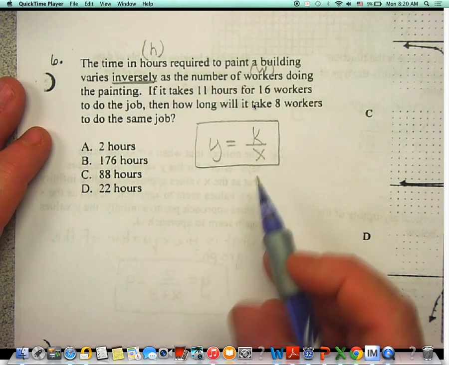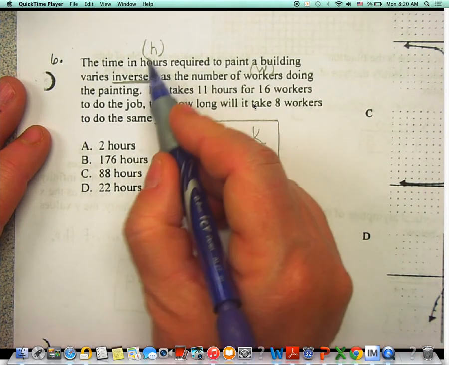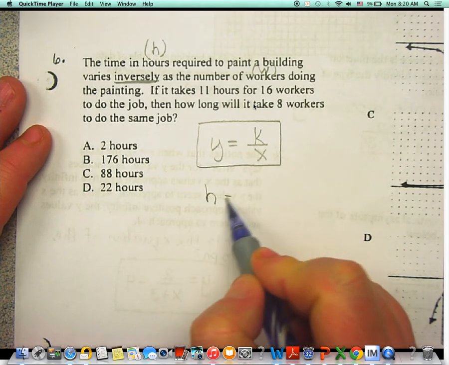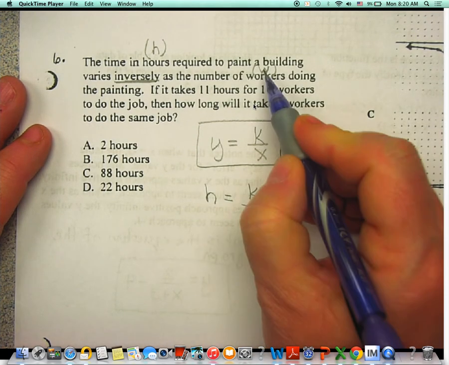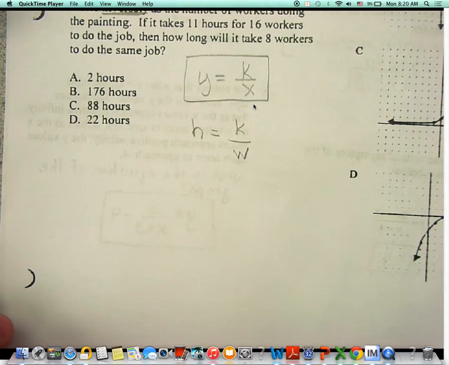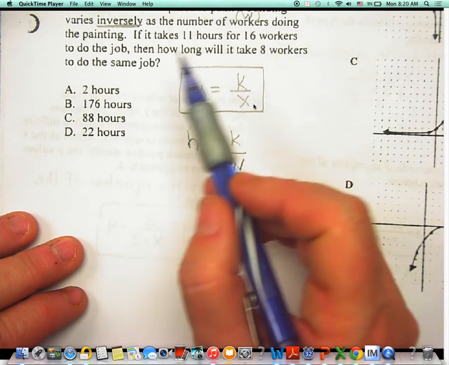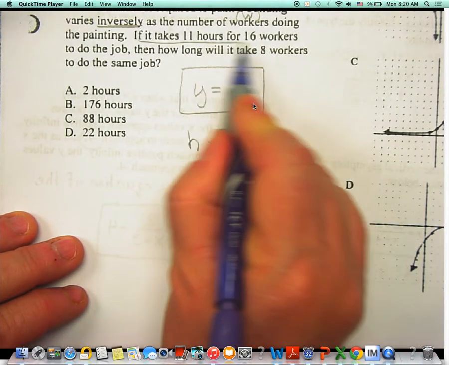Okay, so we're going to plug in hours for the Y. The first one goes for the Y equals K over, and workers for the X. We did problems like this. Do you remember at all? All right, then we're going to plug in what it says here. If it takes 11 hours for 16 workers to do the job, so stop there.